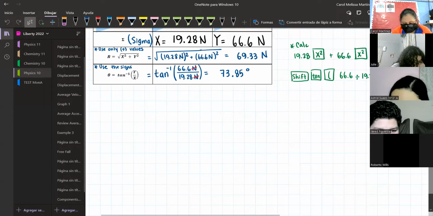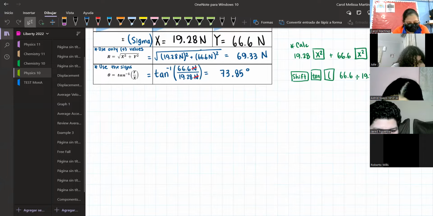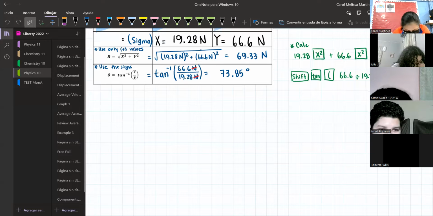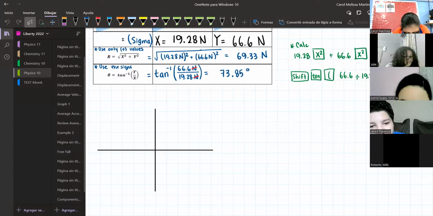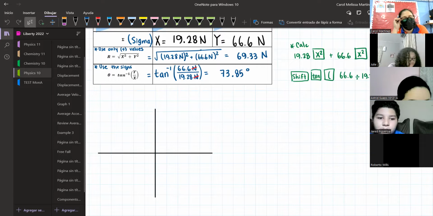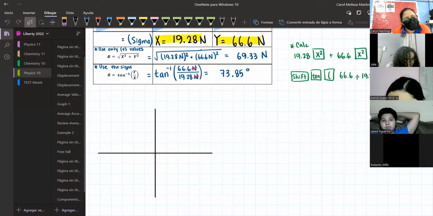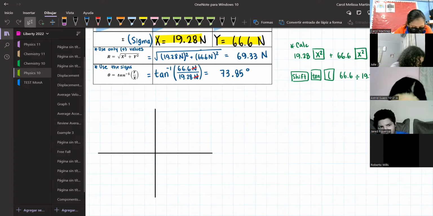To sketch the answer, you're going to need a Cartesian plane or coordinate plane, okay? Take a look at X and Y. X and Y are both positive. So in which quadrant is it going to be located? First, second, third, or fourth? In which quadrant do I have positive and positive?